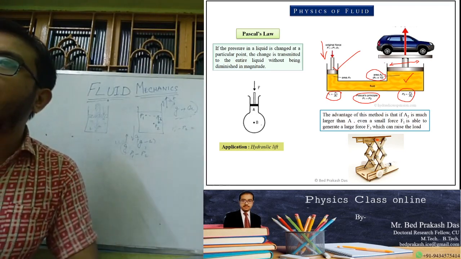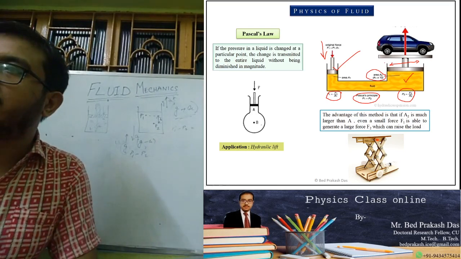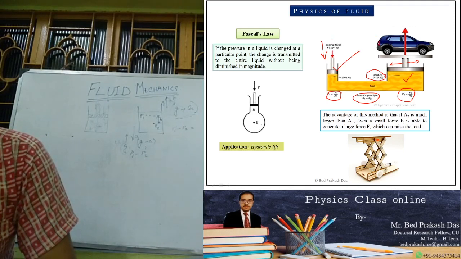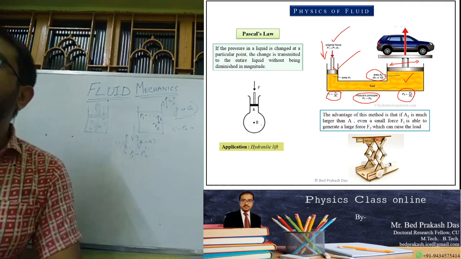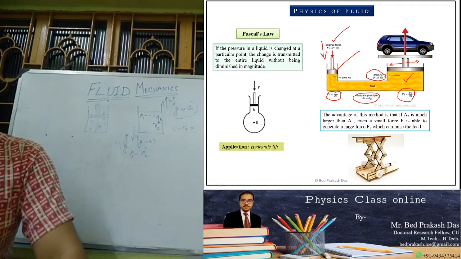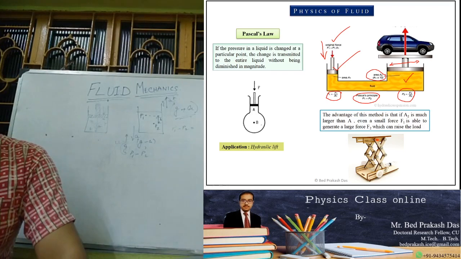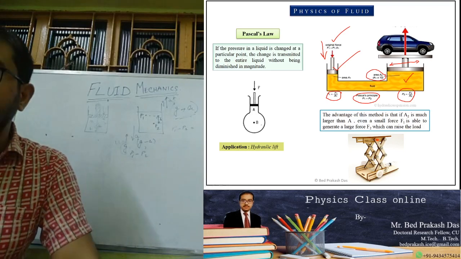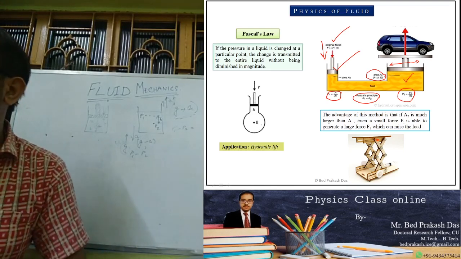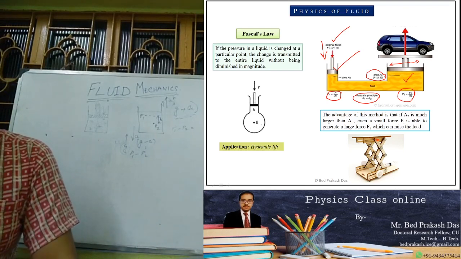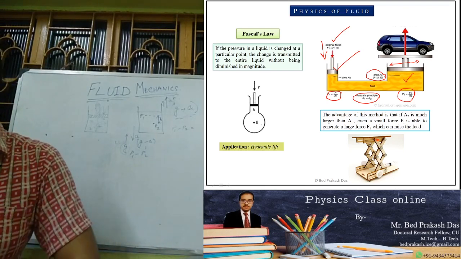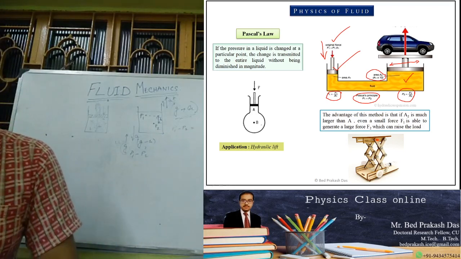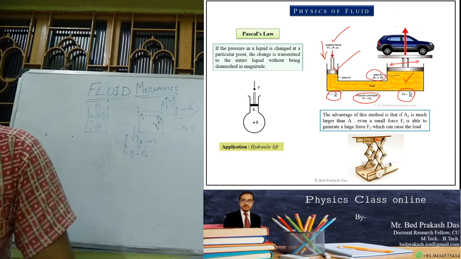The force experienced at the car end will be 10 times the force exerted at this end. So this is the advantage of this method, that as A2 is much larger, a small force is applied on F1 with some lever or some machinery, but the force experienced on the side of A2, that is the second side on which the car is resting, will be a great amount.